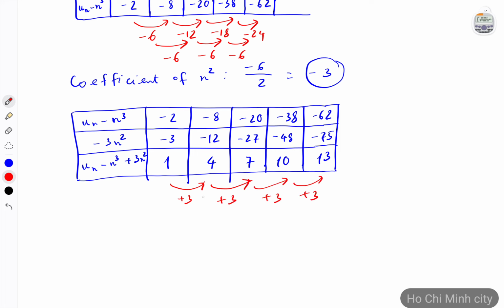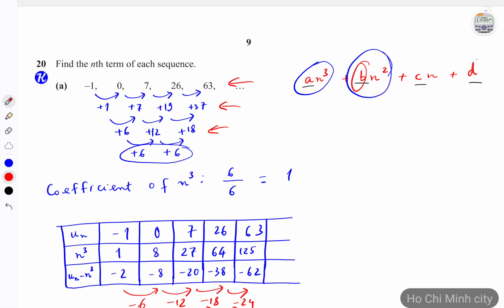So now we have the common difference. The first common difference is number 3. So we can write down the linear sequence of this one: 3n minus 2. So 3n minus 2 would be the last row of this sequence.